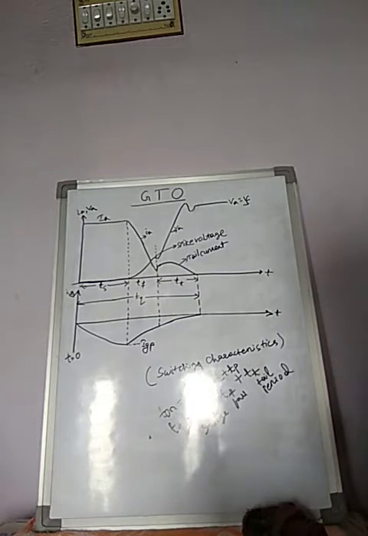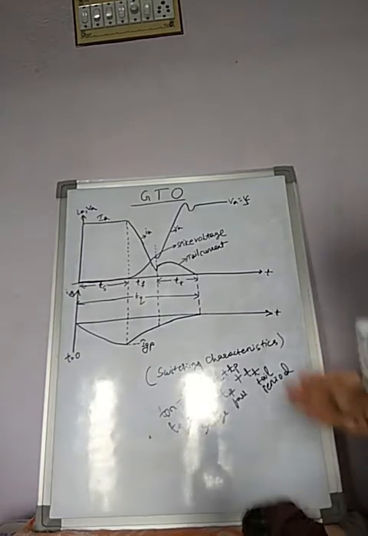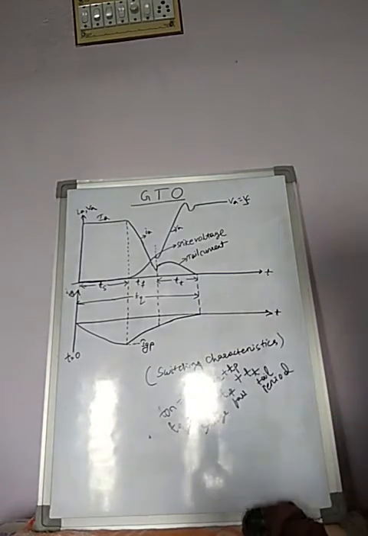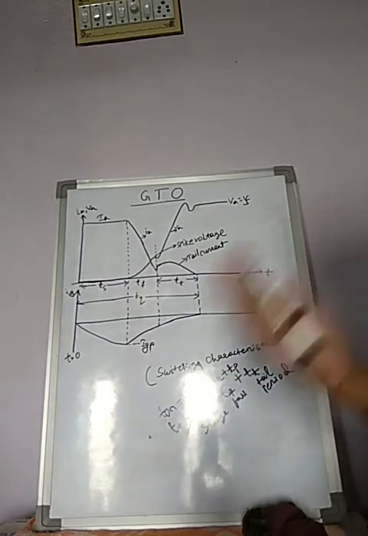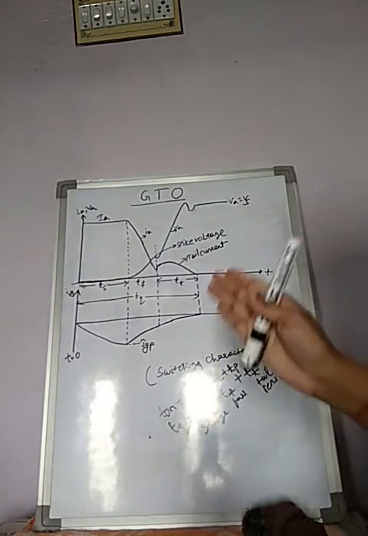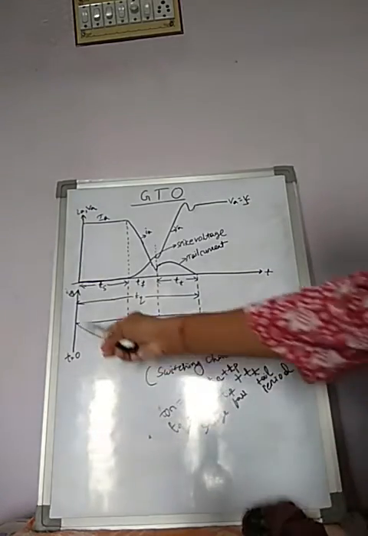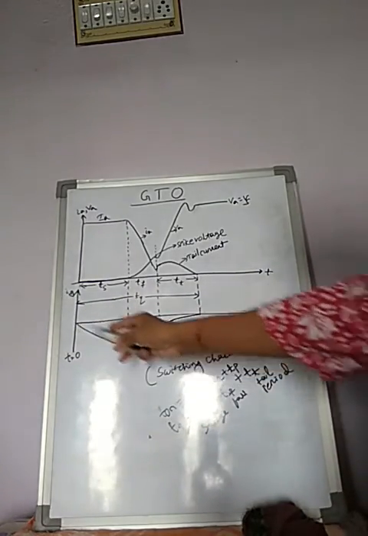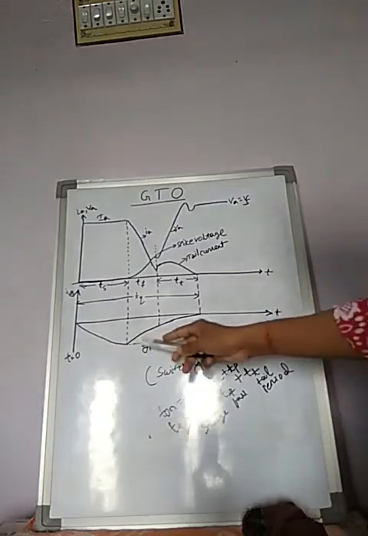Initiation of the turn off process starts. How will it start? To initiate the turn off process, we need to apply negative gate current. See here, IG negative, its graph is like this.